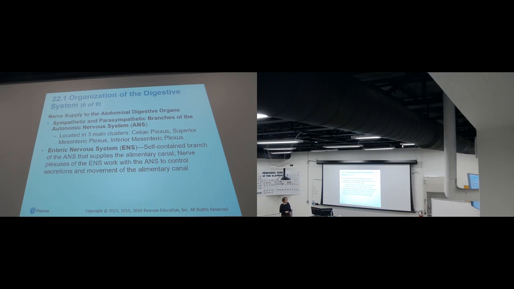Now the ENS is a very large plexus. It is located only in the abdominal cavity, and it helps to control the secretions and movement of the alimentary canal locally. Now, the vagus nerve, which is part of the parasympathetic system, plays a role in the movement of the gastrointestinal tract, but also in secretion.